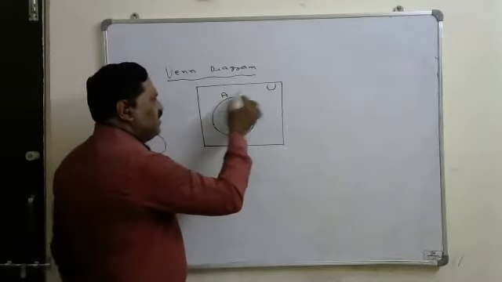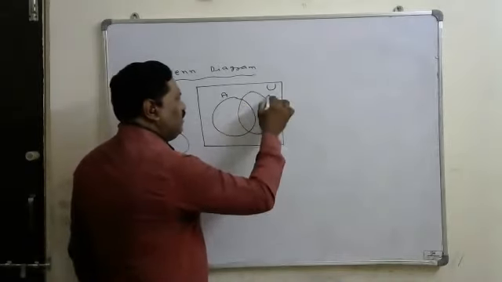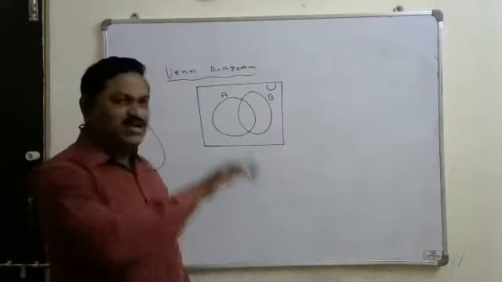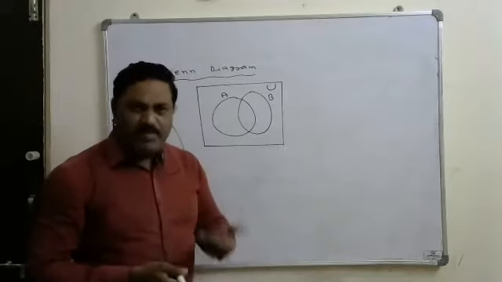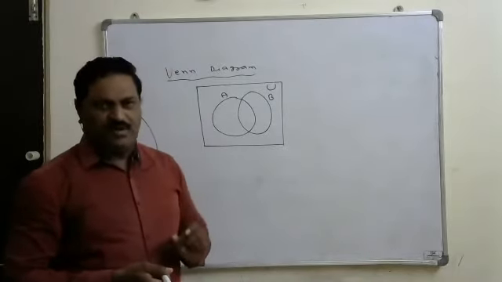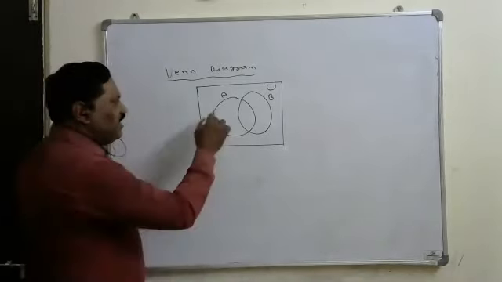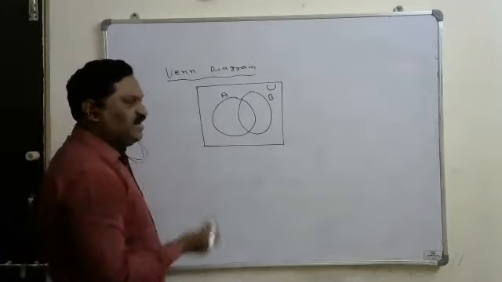Suppose this is the set A and this is the set B. All the sets which are subsets of the universal set will be represented by circles. Understand? Suppose A is a set and B is another set.